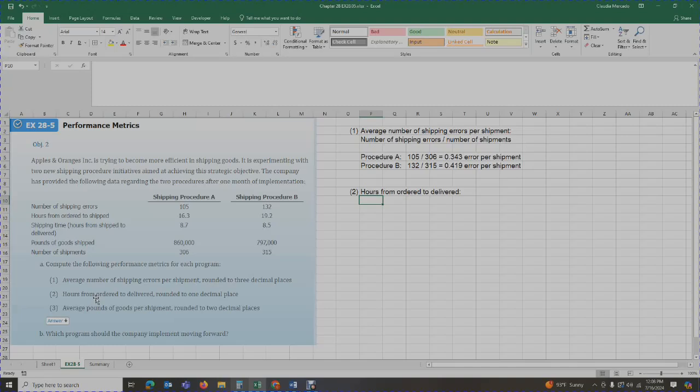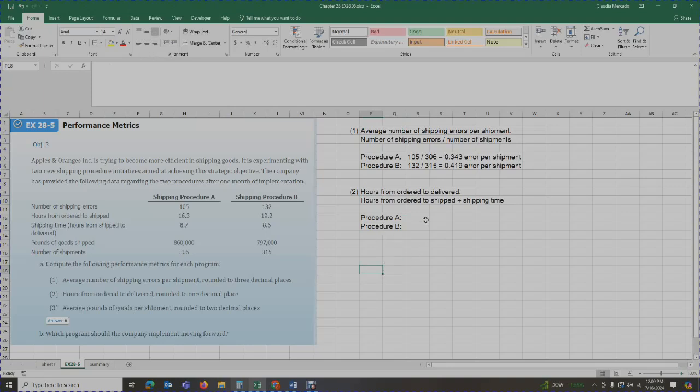So we're going to get the hours from ordered to shipped plus the shipping time, and we're going to do this for procedure A and procedure B. So the hours from ordered, and I misspelled ordered, guys, ordered to shipped.